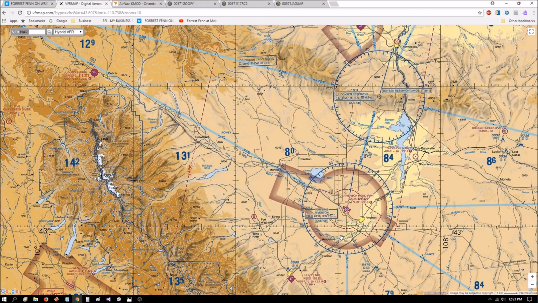Unlike an NDB, these things actually rotate, kind of like the radars you see on ships, where they're spinning around, and it shoots out 360 signals, and it spins clockwise, by the way. Included in the signal, it embeds the distance from the VOR.